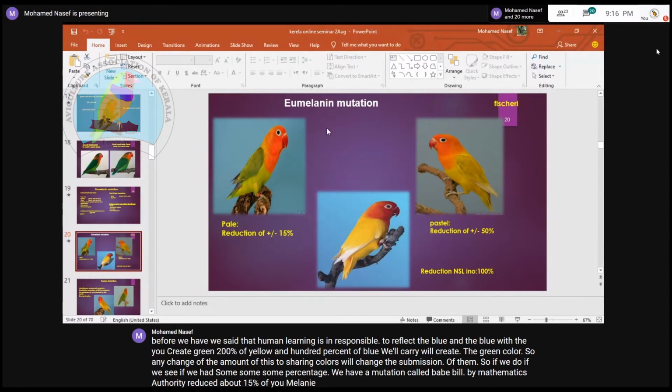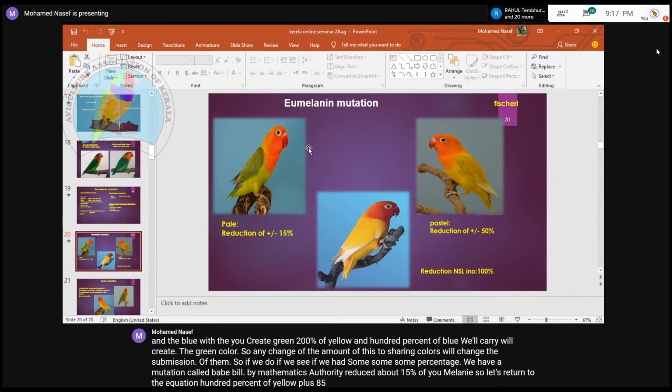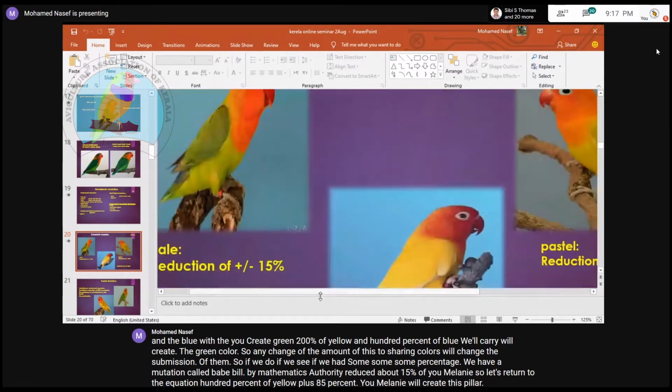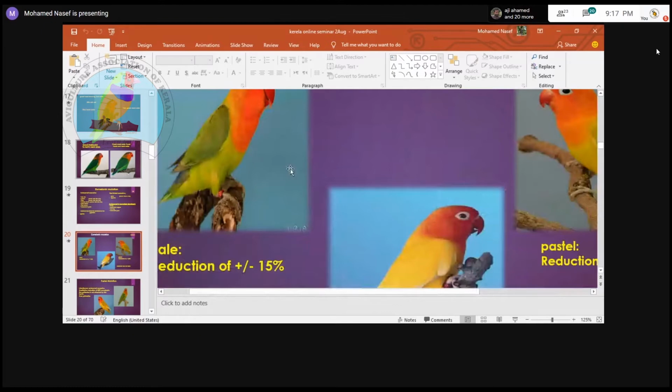So let's return to the equation. 100% of yellow plus 85% of eumelanin will create this paler bird.